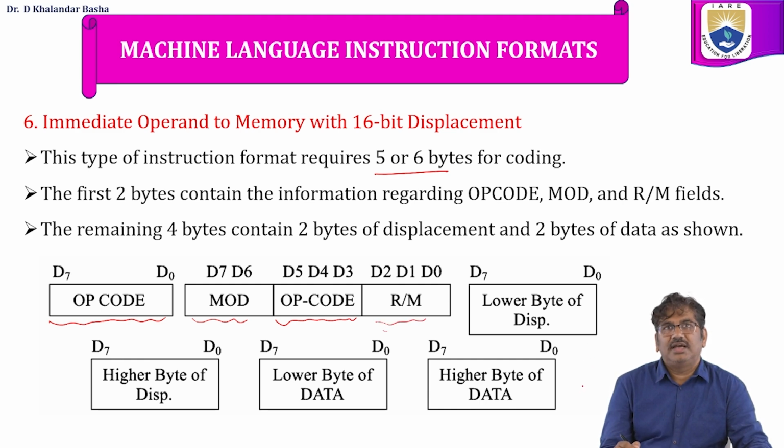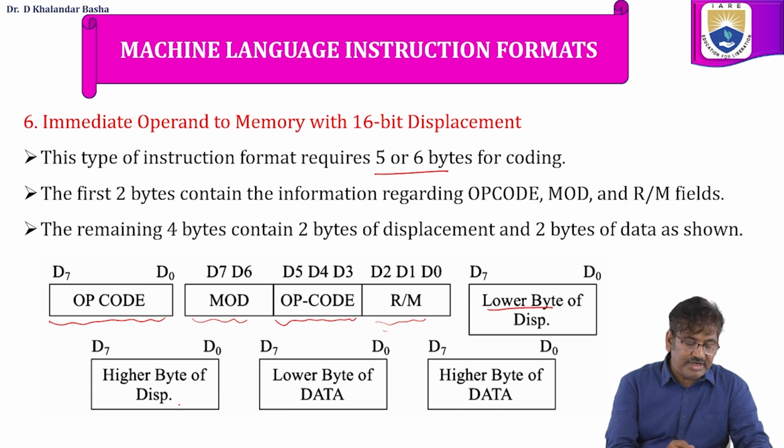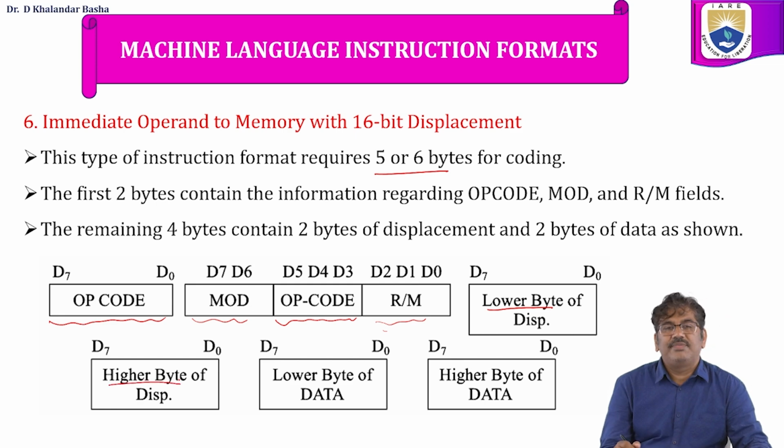As it is a memory displacement, we have the lower byte of the displacement as well as the higher byte of the displacement. Here we have a displacement of 16-bit size, followed by the 16-bit data. First we place the lower byte of the data. In the subsequent byte we have the higher byte of the data.